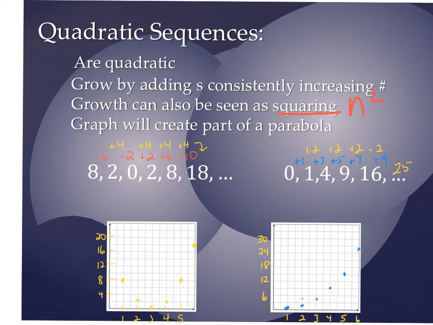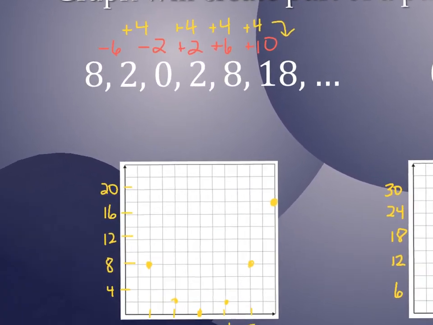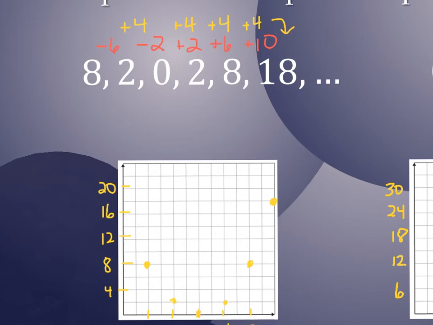You have experience with 2 of these from the work we did. The first one grows by -6, and then -2, and then 2, and then 6, and you'll notice the number you're adding each time is growing by 4. So this next time we would be doing 14 more.